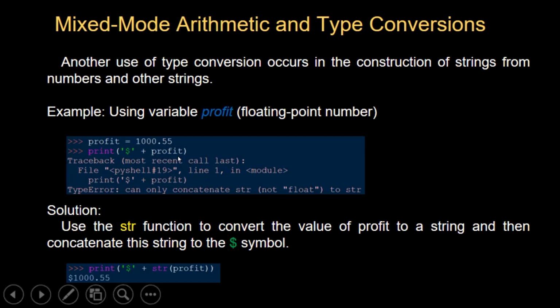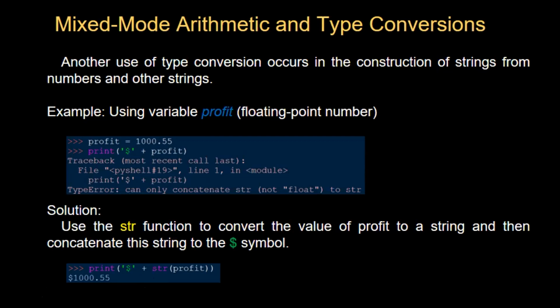So kakoncatenate nito as a string and not as a number na value dito. So meaning you need to insert the string function sa profit. Okay? Para ma-convert niya na yung floating point number na to is a string. So meaning hindi na siya number as 1,000.55 but a character or a string.